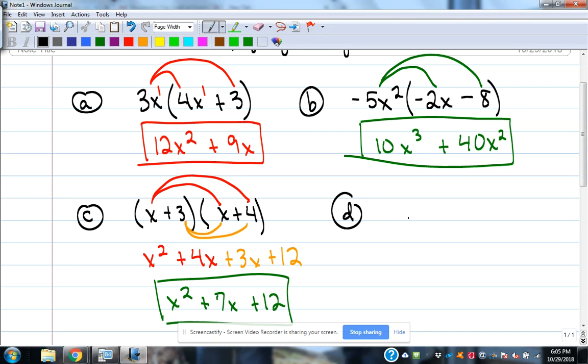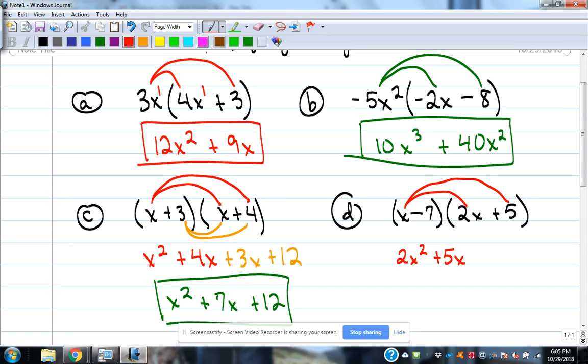Example D. X minus 7 times 2x plus 5. Okay, so we're distributing the x. That'd be 2x to the second plus 5x. And then negative 7 times 2x.